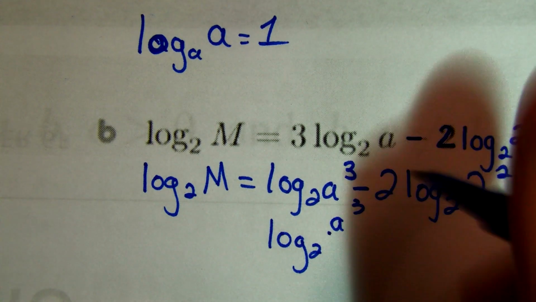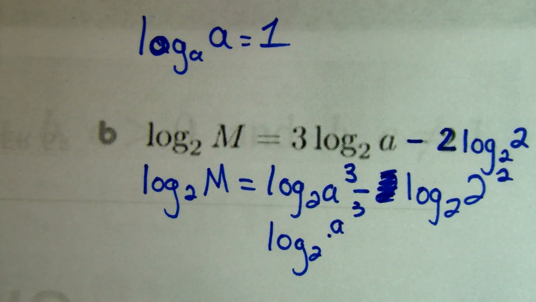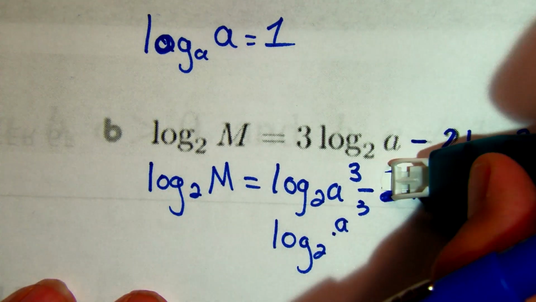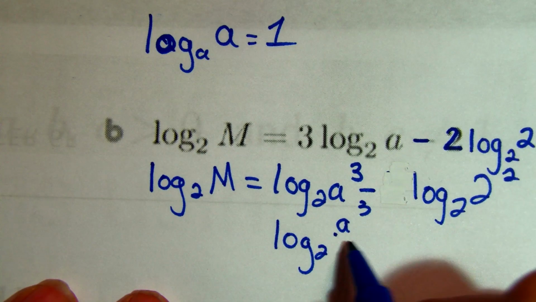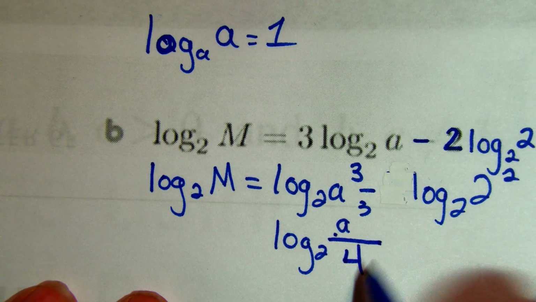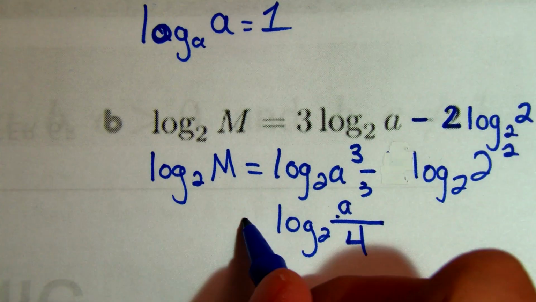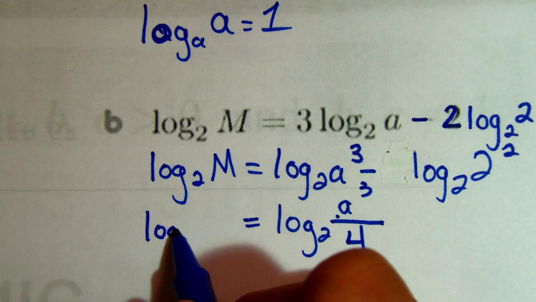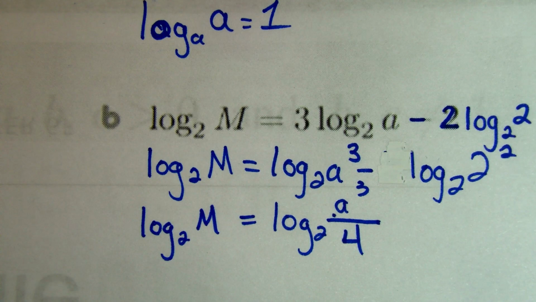Oops, I made a mistake. Sorry. This 2 should not be there. Divided by 4. Everybody see where I got 4 from? 2 squared is 4. Do I have the same log on both sides?